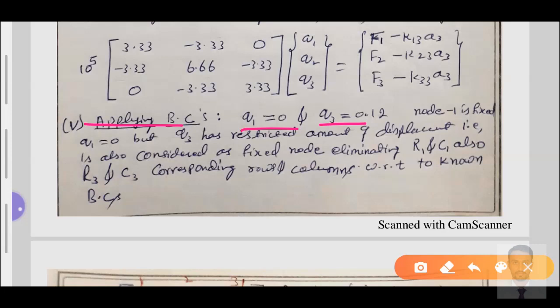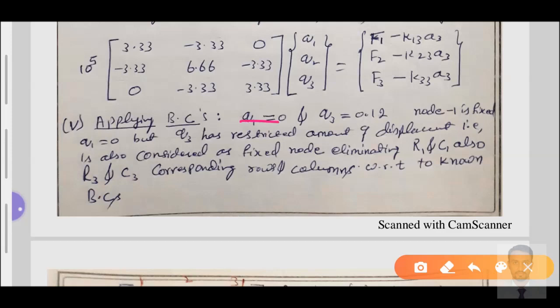Known displacements are said to be fixed displacements. In the elimination method, we need to eliminate the corresponding row number and corresponding column number of the fixed displacement in the matrix, reducing the number of equations in the equilibrium equation.